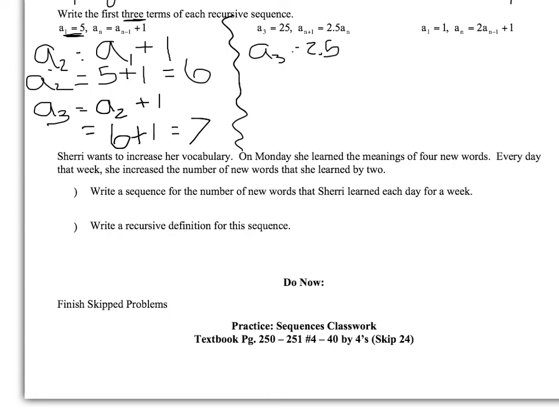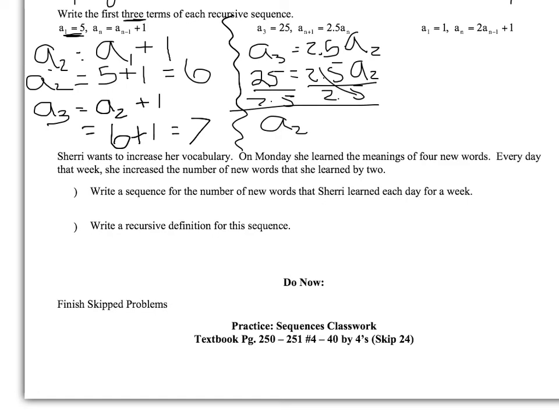Now, if n plus 1 is equal to 3, what would n equal? Well, n equals 2. Well, this says A3, which will be 25, should be 2.5 times A2. And to solve for A2, you would divide by 2.5.